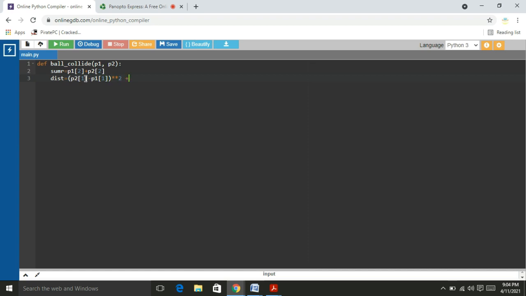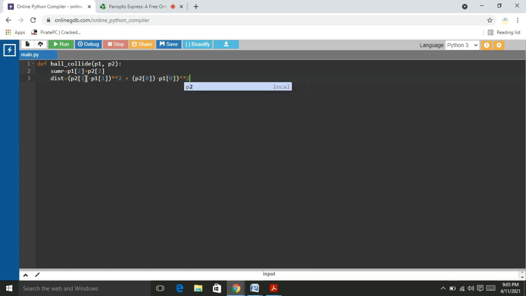X2 minus x1 means, again I keep the 0, p2 of 0 minus p1 of 0, and I keep whole square. For that reason, I close the bracket and write star 2.